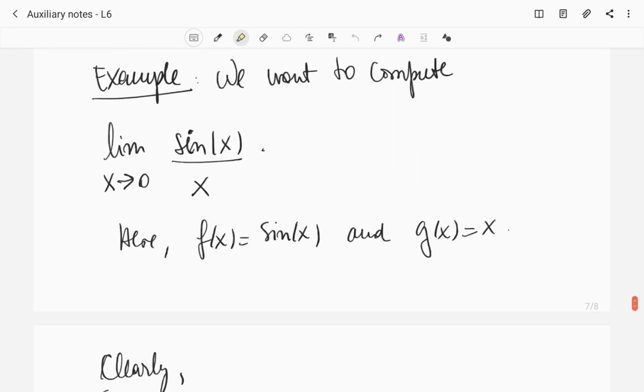We want to compute this limit, sine of x over x when x goes to 0. So this is our function f, sine of x, and g is just x.